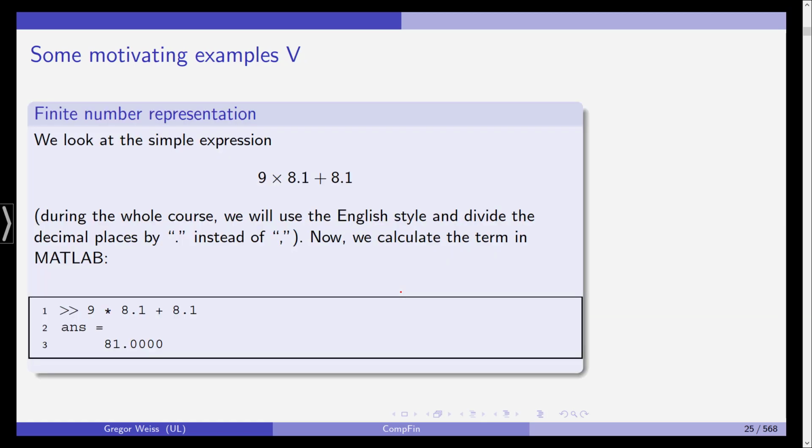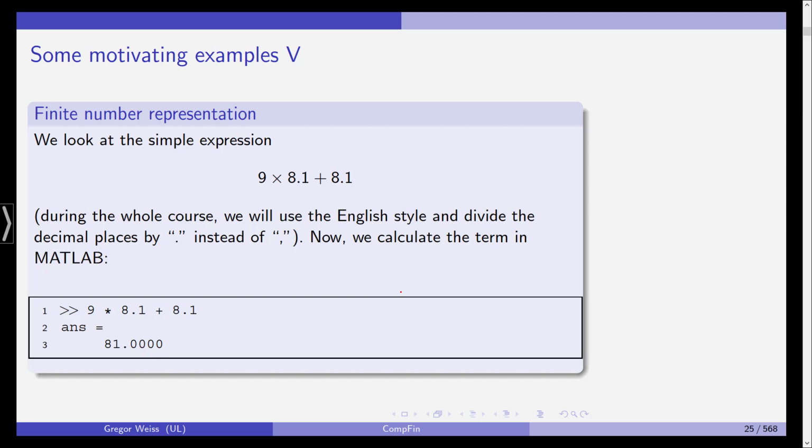So we'll start with this very simple example, and this is also the first time you will see some Matlab code. So we are looking at the simple expression 9 times 8.1 plus 8.1. By the way, we'll be using the English style, and decimal places will be shown by a point and not a comma as in German, because this is also how it's done in Matlab.